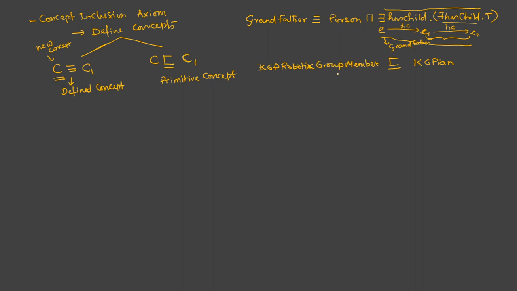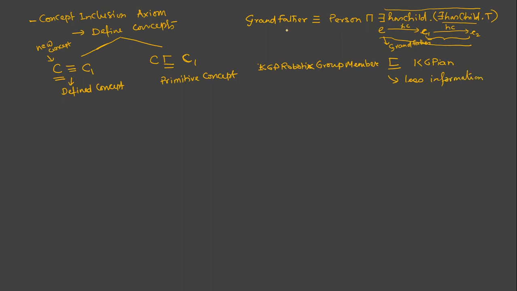So it is saying something about the entity who is a member of the KGP robotics group, but it is not saying everything. For example, if we say that the student has to have some excellent coding capability, that is not mentioned here. We are just mentioning that an IIT KGP robotics group member is also a KGPian, right? So it provides less information, as we have mentioned earlier.